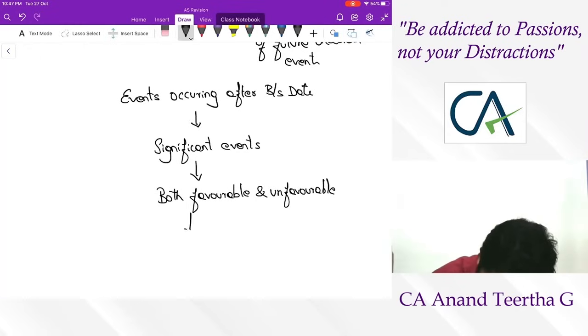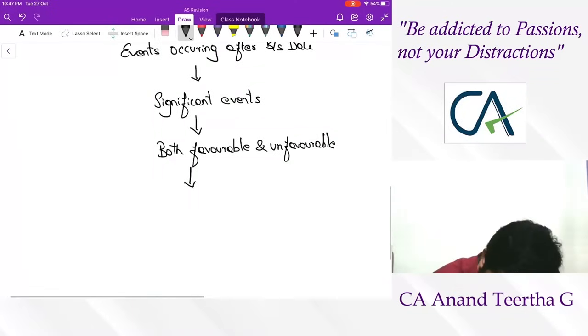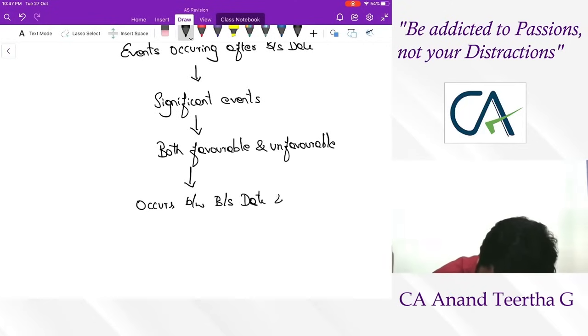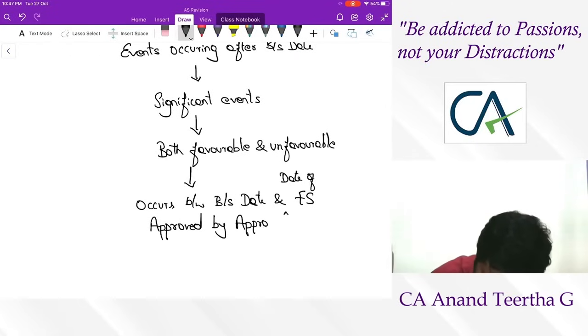These events occur between the balance sheet date and the date of financial statements approved by the appropriate authority.